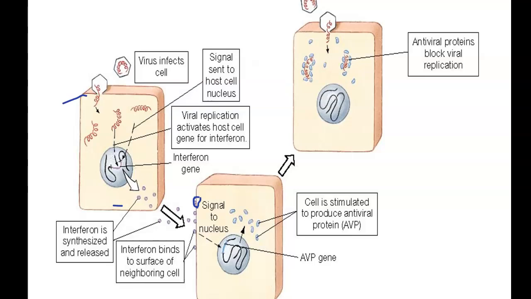So when that interferon binds to the second cell, it prompts the cell to make these antiviral proteins. So up here with this picture, when it's making those antiviral proteins, when that virus adsorbs and tries to take over the host cell machinery, those antiviral proteins actually block that viral replication.